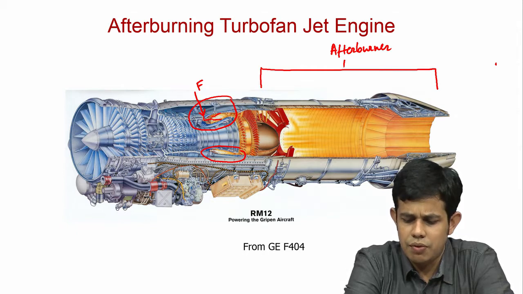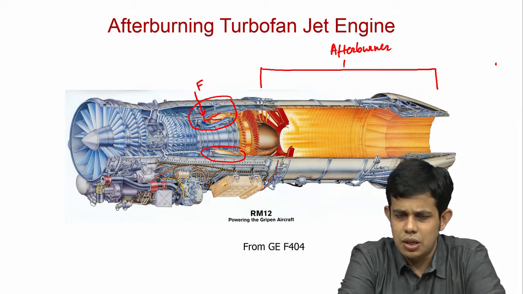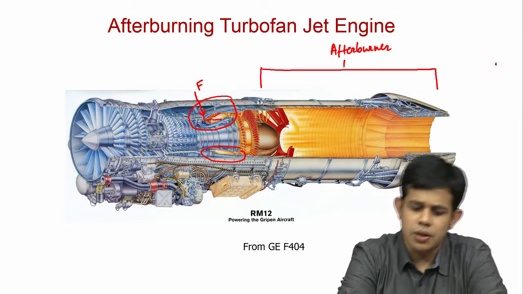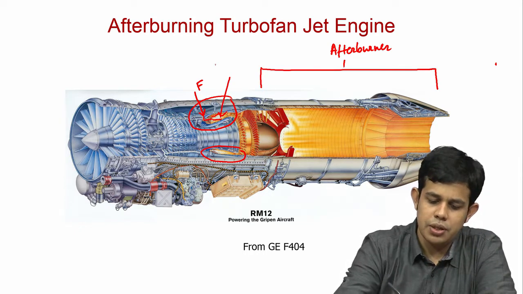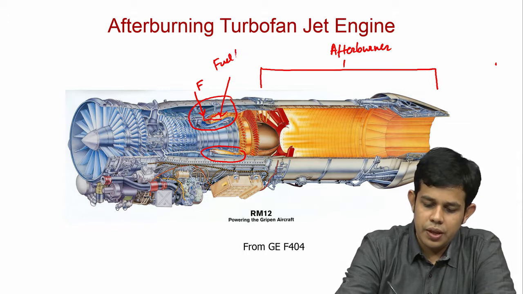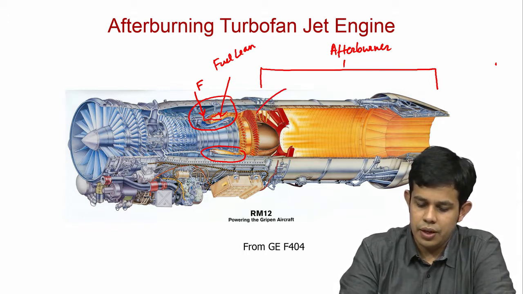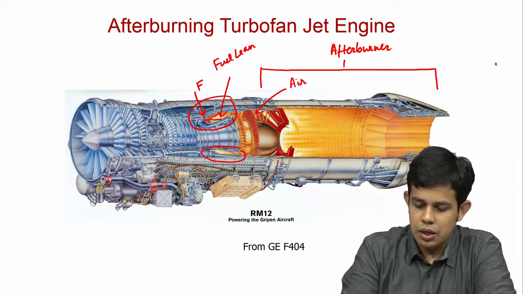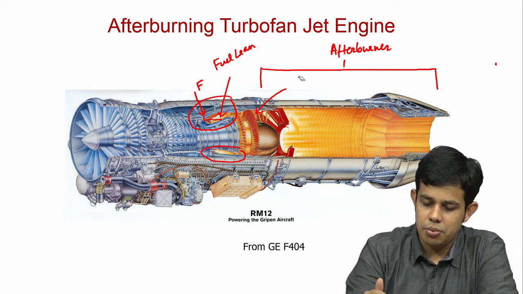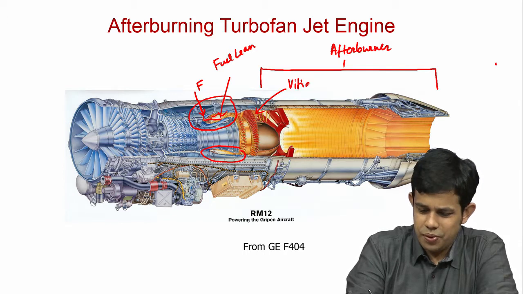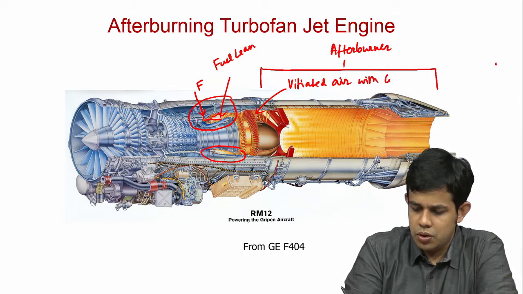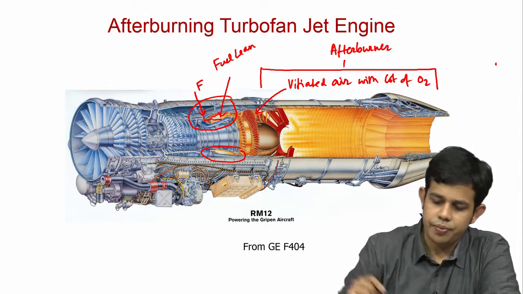So then you turn this afterburner on, which burns the fuel in oxygen rich, vitiated air, because as you remember, the burning here happens in fuel lean conditions. The air that comes out here is essentially vitiated because it contains products, with a lot of oxygen.